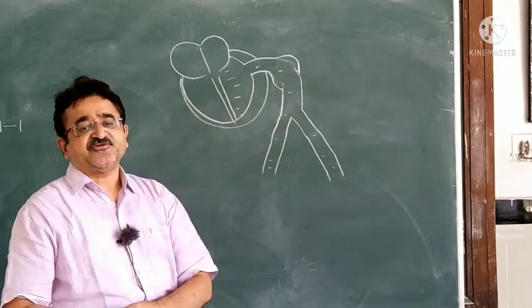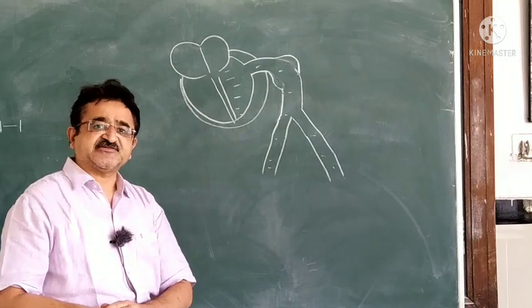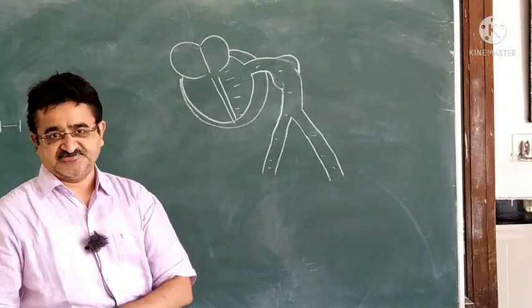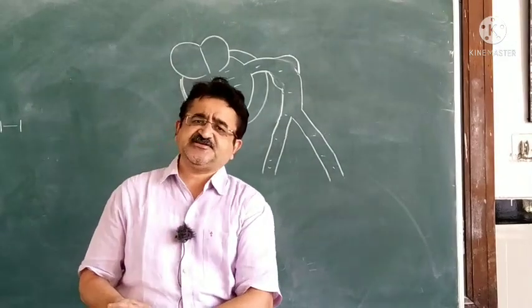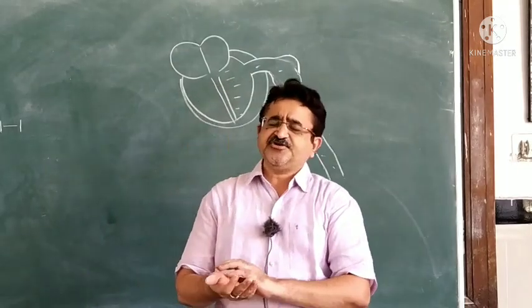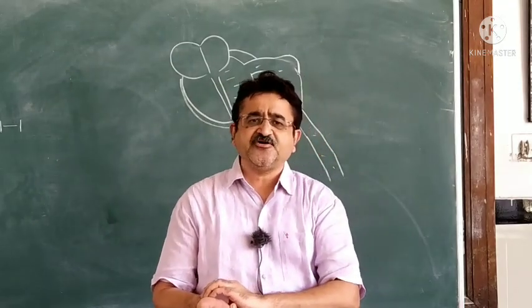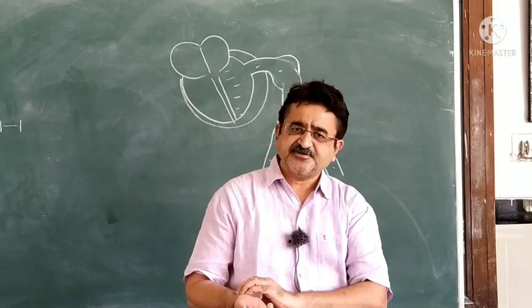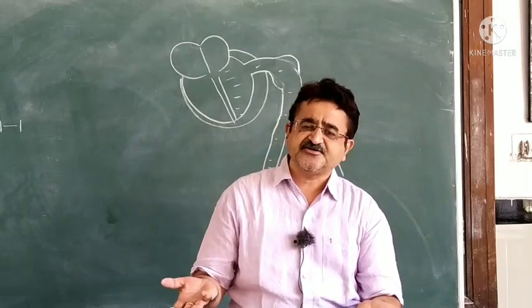So now today we discuss how to examine the radial pulse. During this examination of the radial pulse, we do not count only how many beats are present per minute, that is the pulse rate.